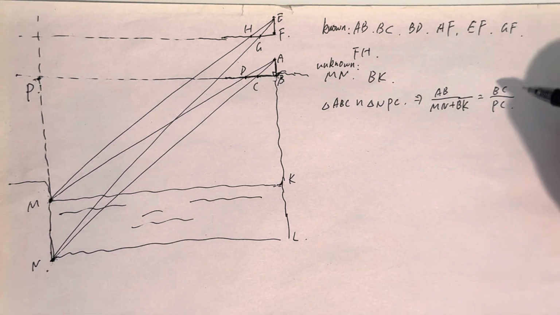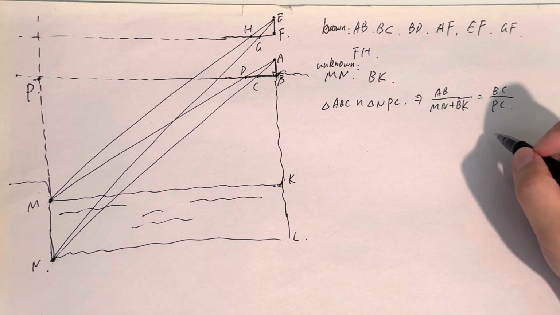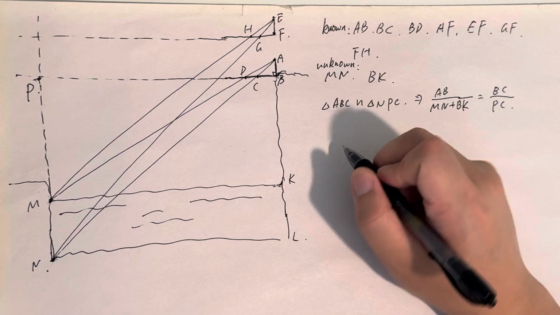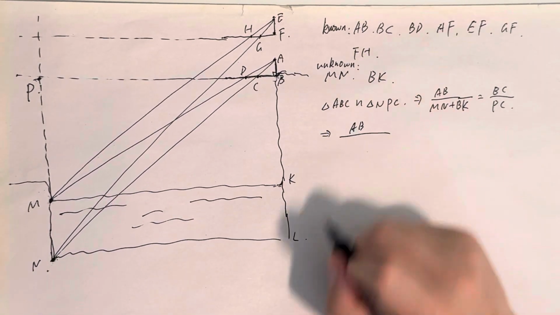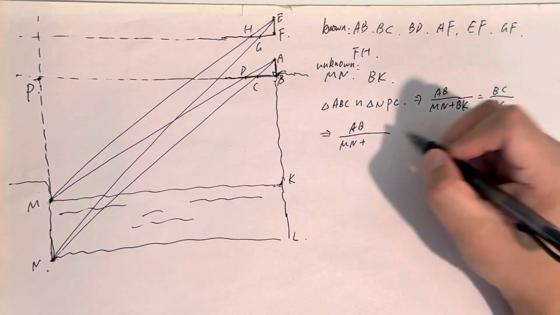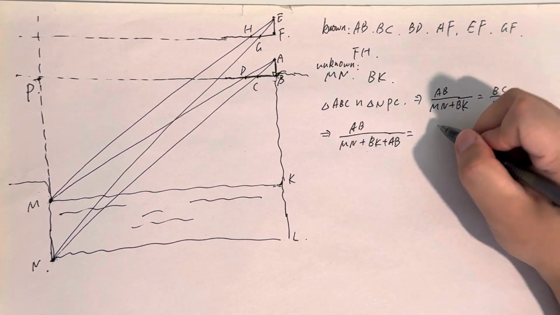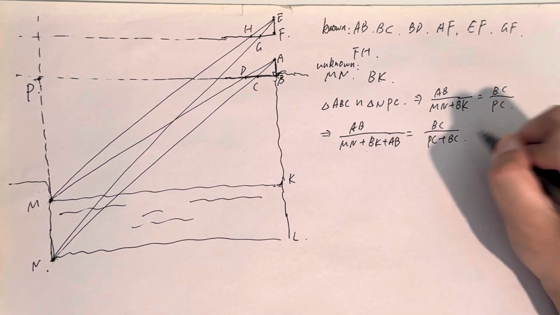But do we know about the PC? We don't. We don't know the distance of PC, we only know the distance of BP. So we can do this. From this one, we get AB to MN plus BK plus AB equals BC to PC plus BC.